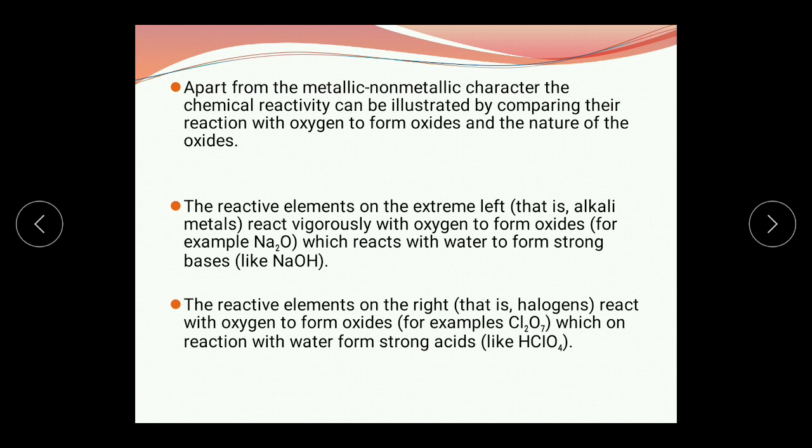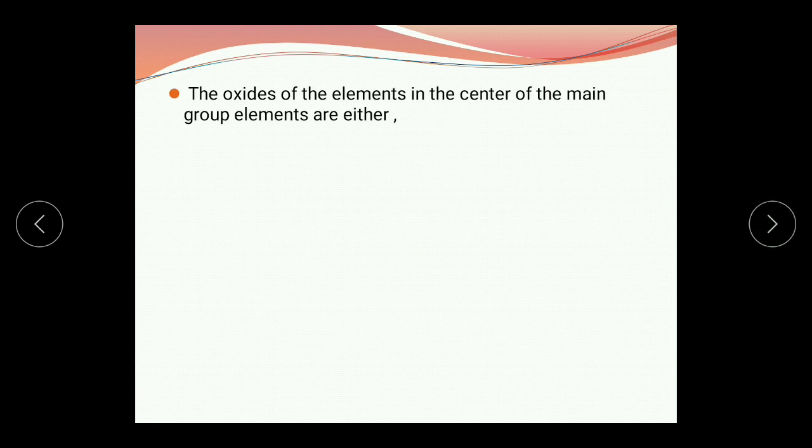These oxides are hence acidic in nature because they form acid on treatment with water. So the extreme left, alkali metals, form basic oxides, while the elements on the right, halogens, form acidic oxides.